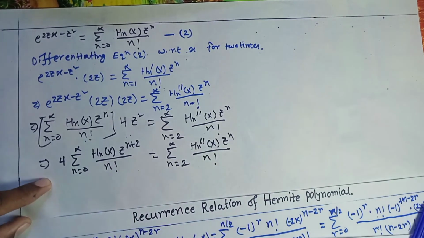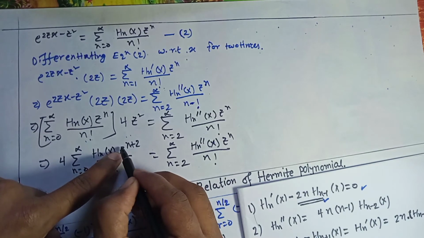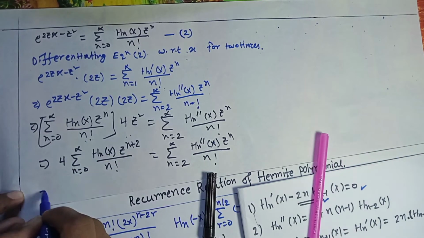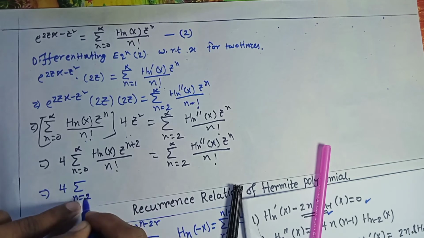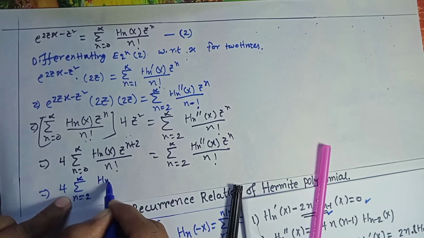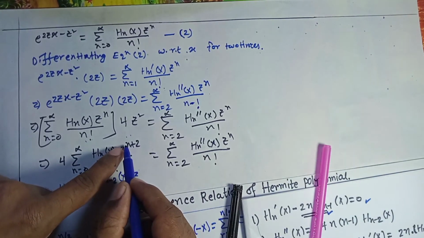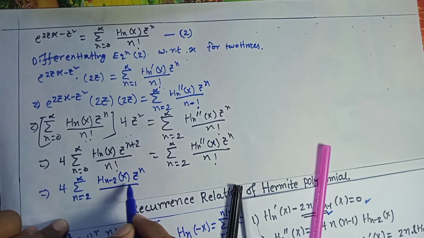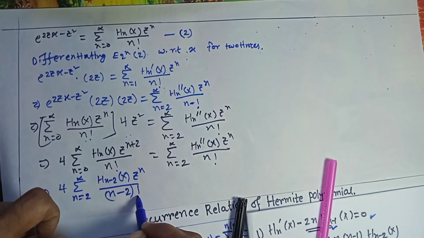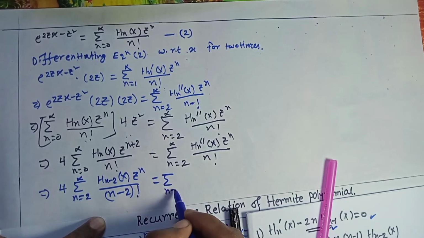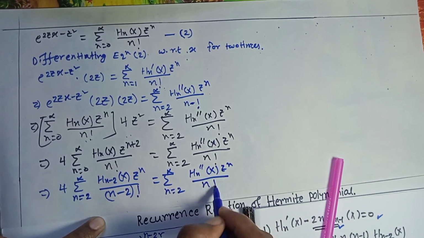If we put n equals n minus 2, we get 4 into summation n equals 2 to infinity Sn minus 2 of x z to the power n minus 2 plus 2 divided by n minus 2 factorial is equal to summation n equals 2 to infinity Sn double dash of x z to the power n divided by factorial n.